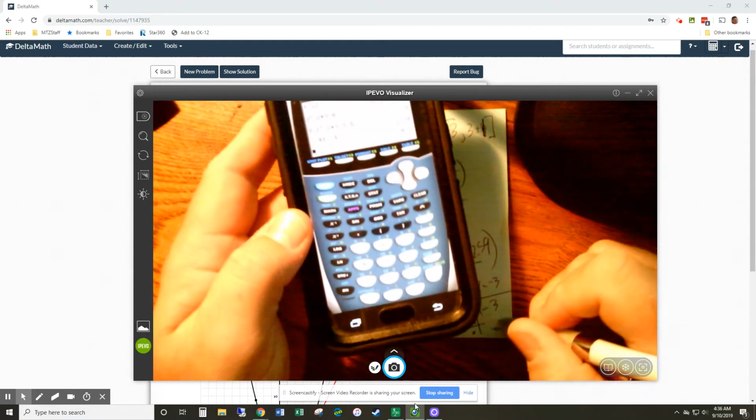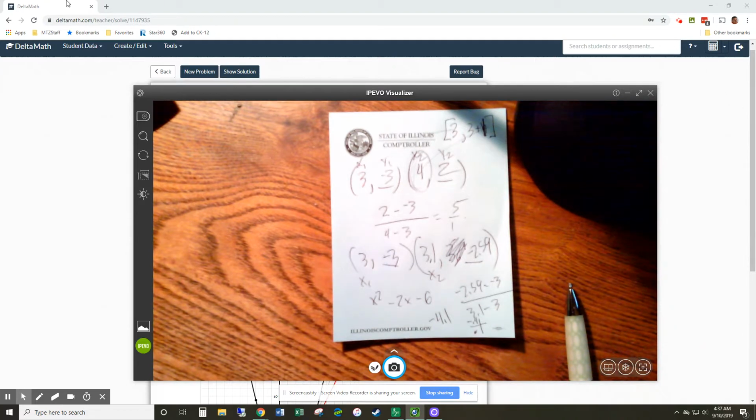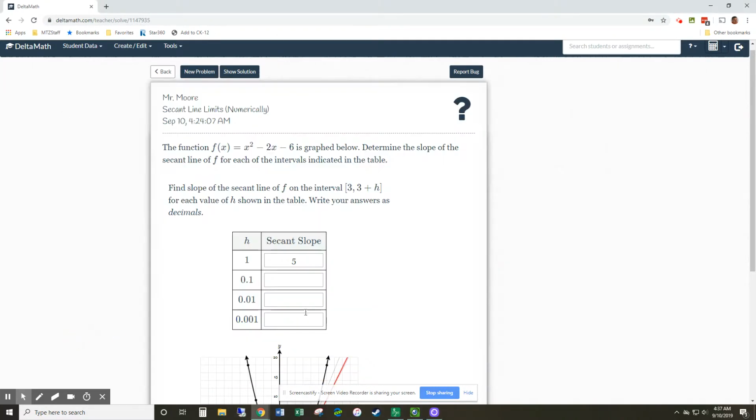The answer is negative 4.1. So I would come back over here to my computer and say negative 4.1, and plug it in. Now, did I get that one right? No, that needs to be positive. Excuse me. Positive 4.1. There we go. And so on and so forth.